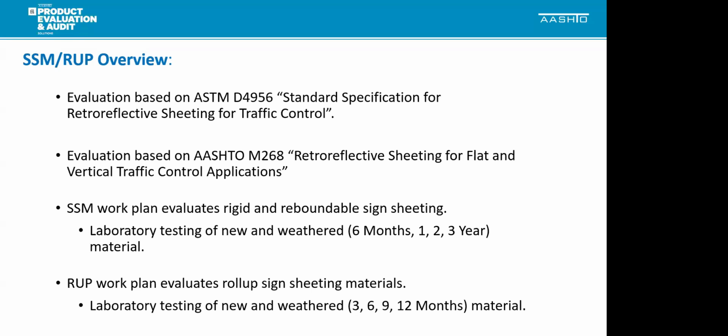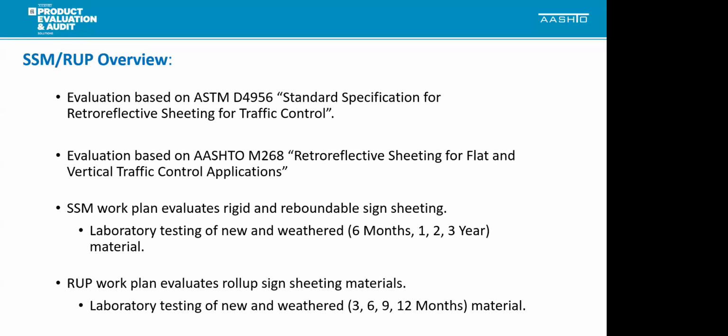AASHTO M268 is based more on a performance type of specification. This spec was developed many years ago, and it's still being developed. There's a concern that DOT users want to understand more about the performance and how that relates to them approving products.